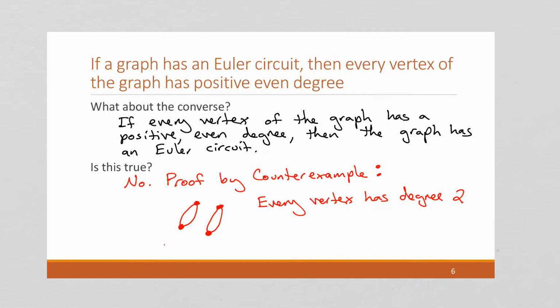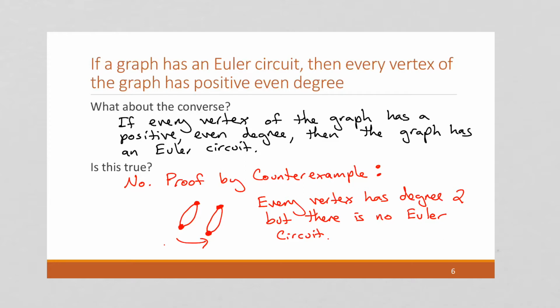But there's no Euler circuit because we cannot jump from one component to the next. All right, so there's a problem. So the converse is not true in this case.